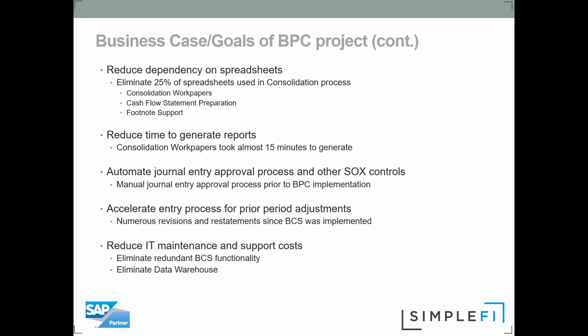That's not very productive, especially if you have to do this over and over again, running these work papers and then there are changes, the books are open again, and you have to go through the process again. So they wanted to reduce time in general to generate reports and be able to get the financial statements out faster.